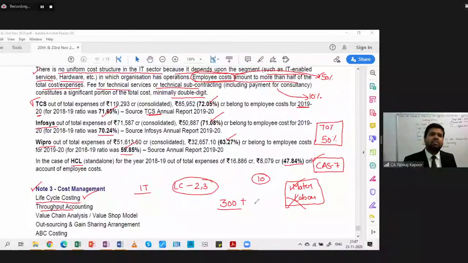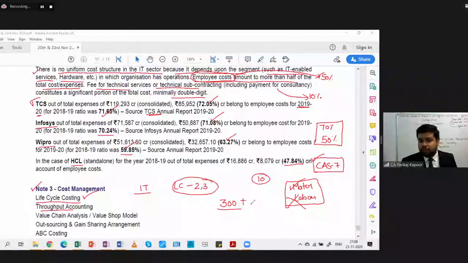You can't tell the labor, if you don't have work, please go home, I can't pay you. You'll have to pay them if they are in regular employment with you. If they are contractual labor, then it's a different story. But if they are regular employees, on the roll of the company, then you have to pay them. You can't fire them.